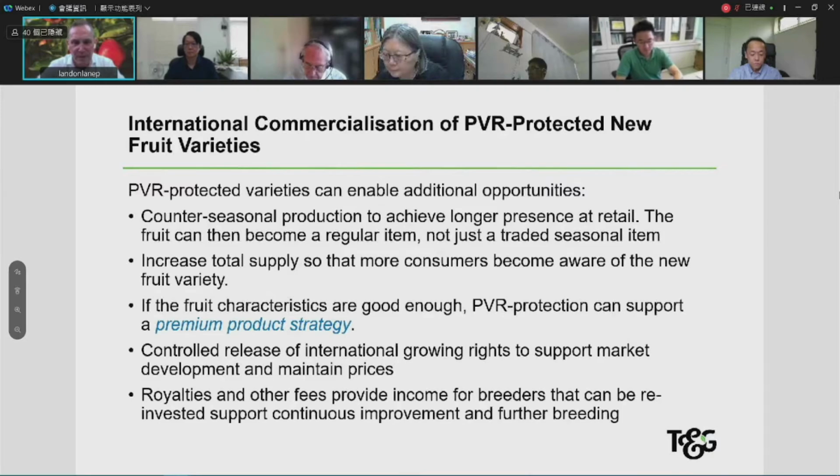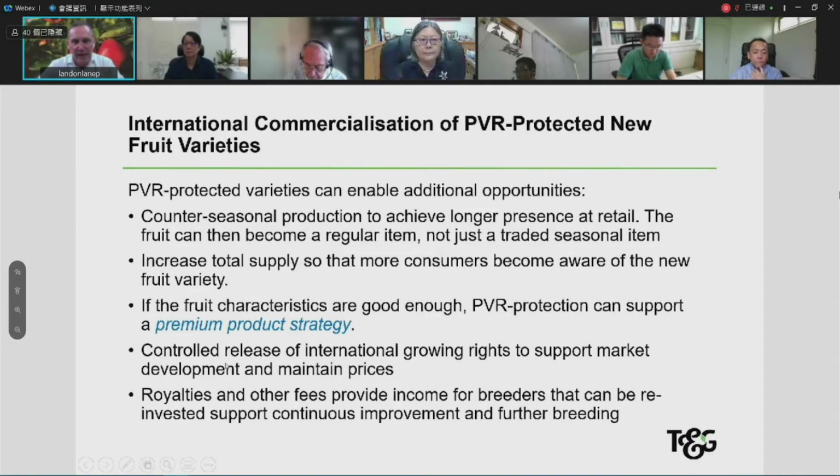So having more than one production location allows you to have 12-month or longer supply and to be more relevant for retailers. It allows you to capture a bigger market by supplying from more places for more time around the year, and it allows you to support what I would call a premium product strategy.